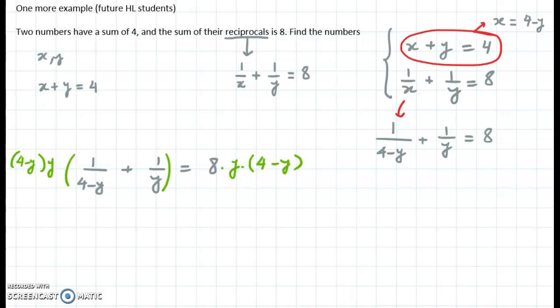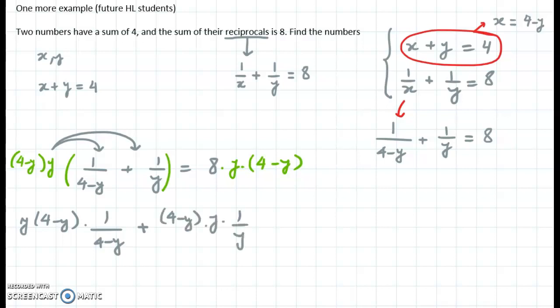So what do we have in the left-hand side? Let's expand over here. We are going to have y times 4 minus y multiplying 1 over 4 minus y plus, and then we have 4 minus y times y multiplying 1 over y. And on the other side, we can already expand. We have 8y multiplying 4, so 32y, minus 8y squared. I changed the order when I was writing the factors 4 minus y and y.